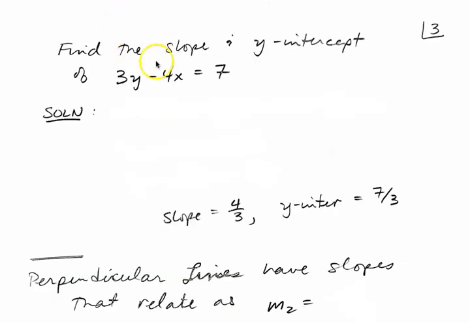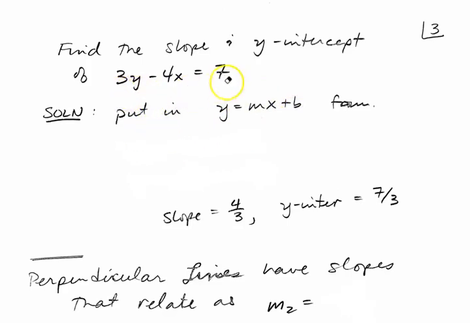So go ahead and take the equation. This is an equation of a line. It's in the form where we've got an x and a y, and there's no squared anywhere, so this is a straight line. And you're asked to find the slope and the y-intercept. So what I'm going to do is put this in the form of y equals mx plus b. Once we do that, that's the slope and that's the y-intercept, so we'll have our answer.